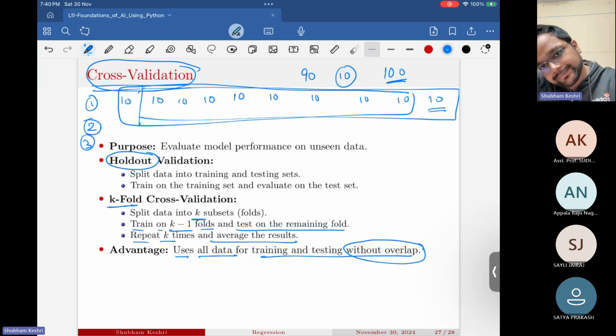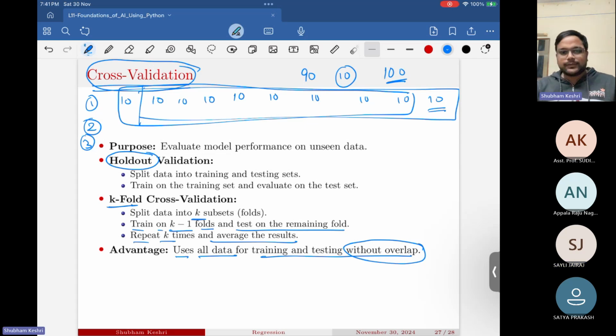Is it clear? Shubham: Yes. So what do we achieve with the cross validation? In a particular case, we make groups of 10, and out of 10 groups, 9 are used for training and 1 is used for testing.